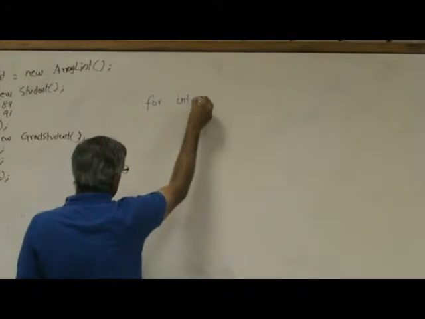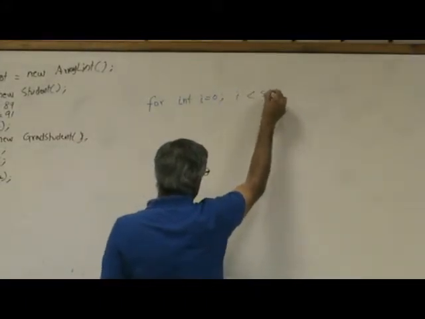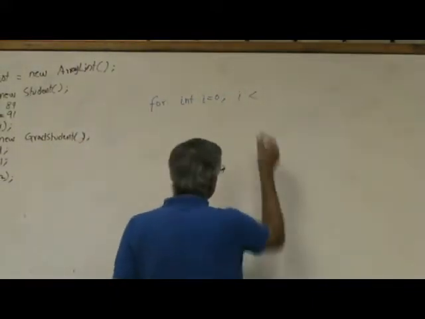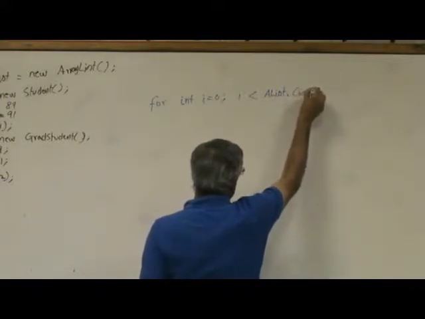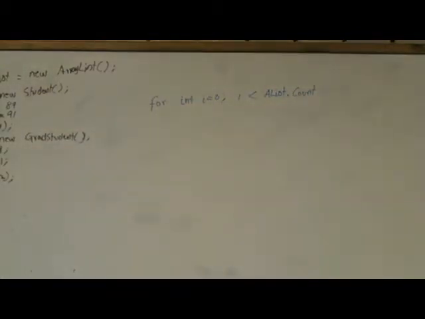For int I equal to 0, I less than, we called it a list dot count. So just like an array has the length property, all collections have a count property, which lets us know how many elements are stored in the collection.